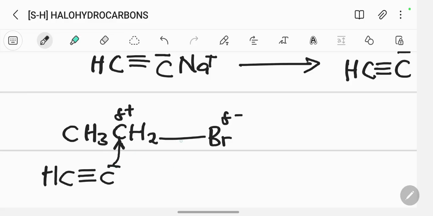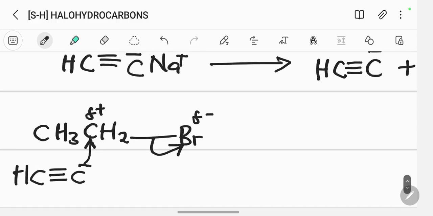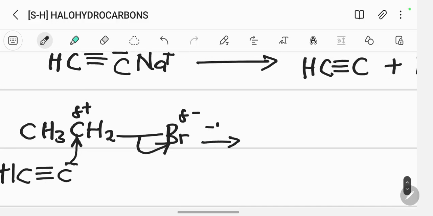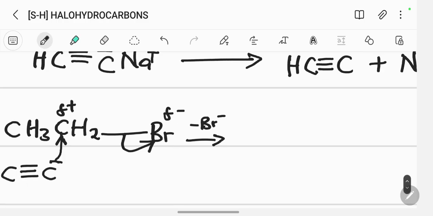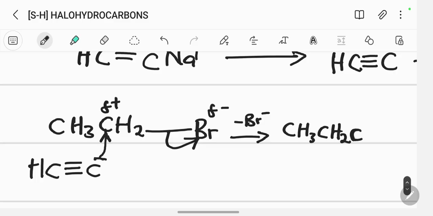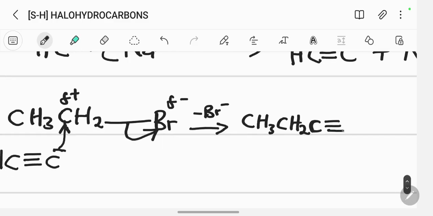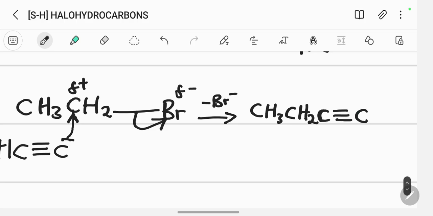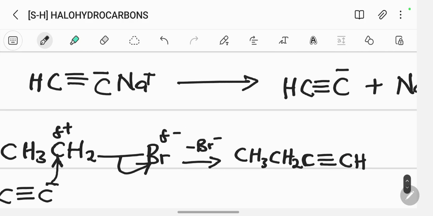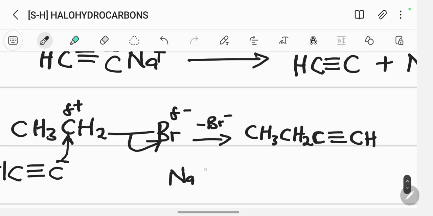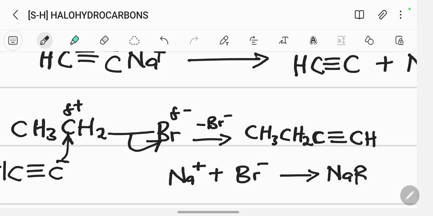Then as it attacks, this has to break off, and as it breaks off, the bromide ion is gone. I'm remaining with CH3CH2. Then I begin adding on this acetylide like that. Then the sodium ion and the bromide ion are going to break up and give us sodium bromide.